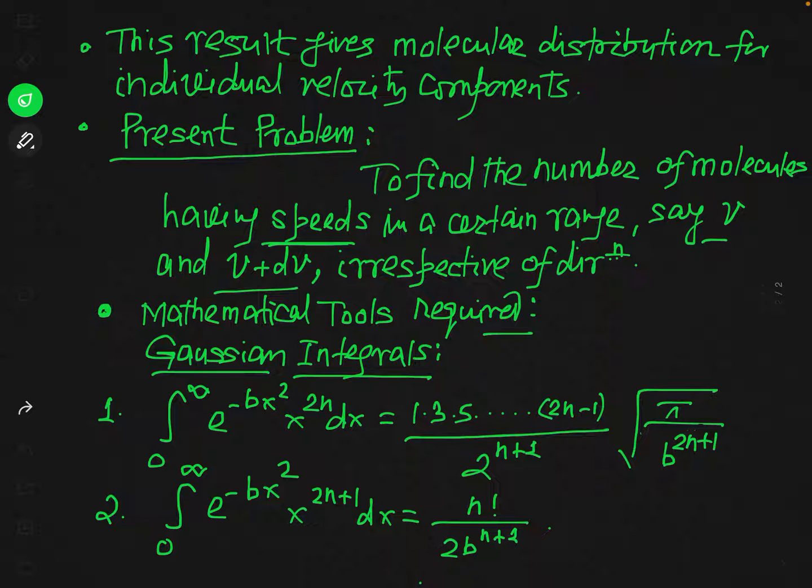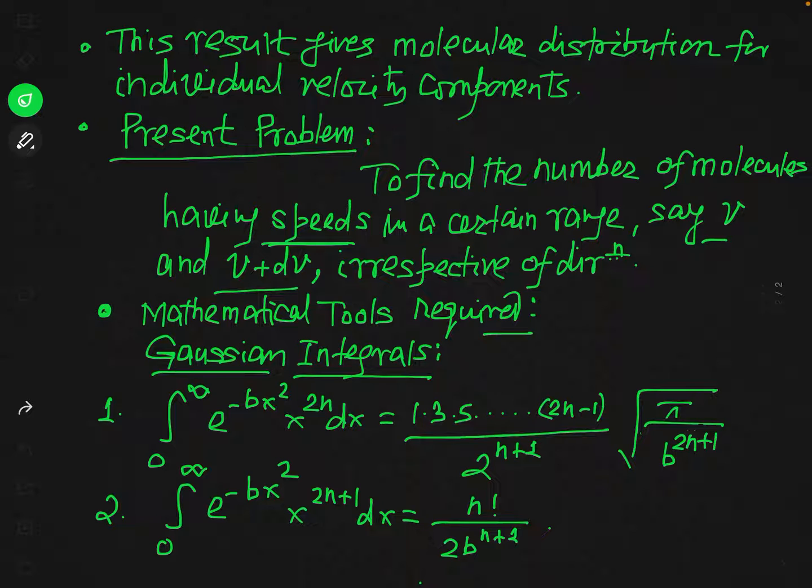So I have mentioned here two important integrals which are called Gaussian integrals, in which the variable x will contain either an even power or an odd power, because we have to evaluate such integrals in this calculation.